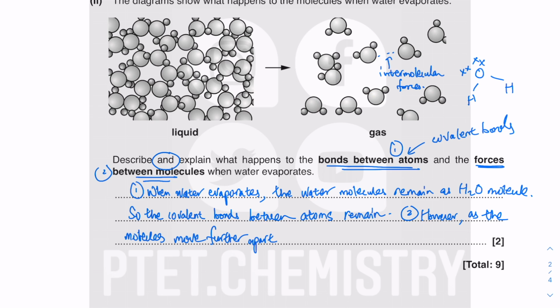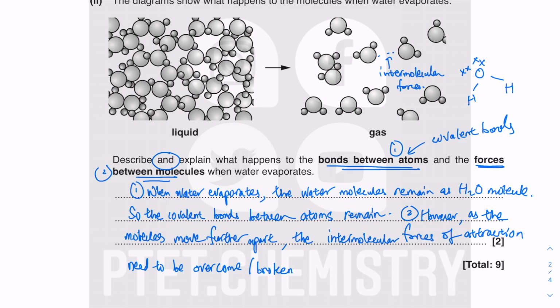Therefore, you need to break or overcome these intermolecular forces of attraction. Intermolecular means between the molecules. They need to be overcome, meaning they need to be broken, with the supply of energy, which is heat energy.